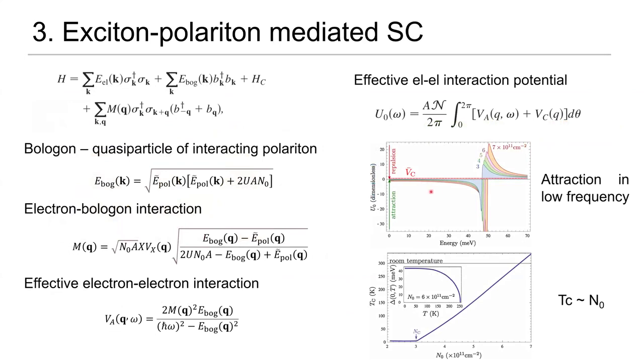First is the effective potential, which is important for all the superconducting cases. Here you see that it is also attractive at low frequency, but repulsive when the energy exceeds the energy of the Bogoliubov quasi-particle.